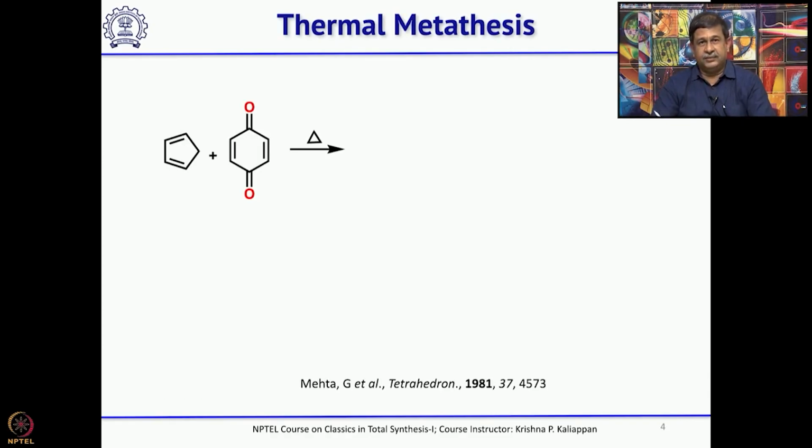So, it involves 5 steps to come to the triquinane moiety. First step is 4+2 cycloaddition between cyclopentadiene and 1,4-benzoquinone to get this tricyclic compound.